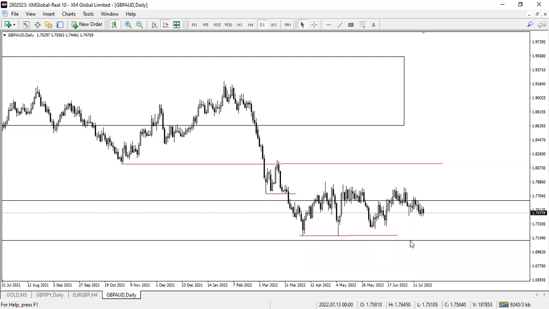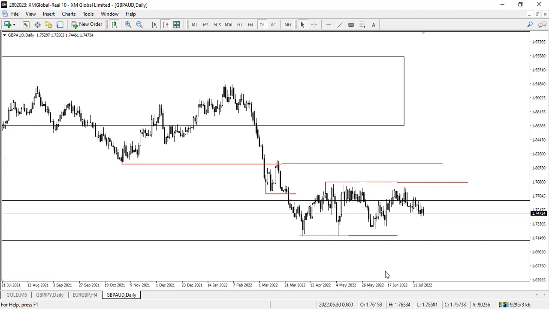So now GBP AUD is in Asian range, so we expect a break below this low or above this high. But you know that we have the point of interest resting below this equal low, so we expect a break below this.